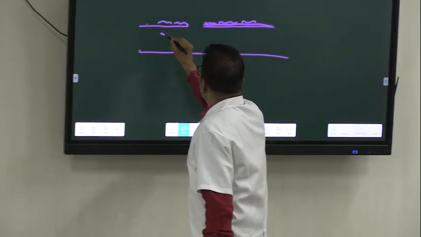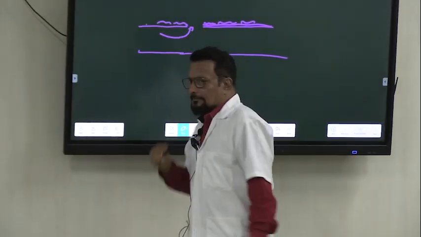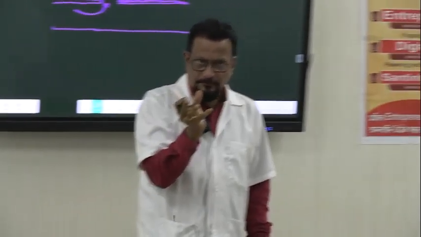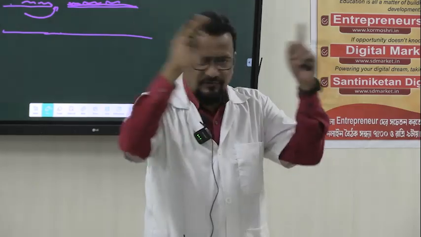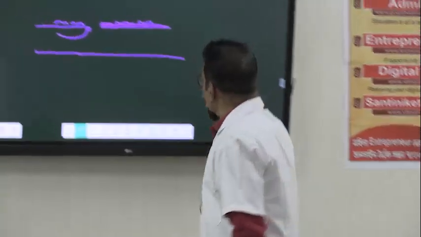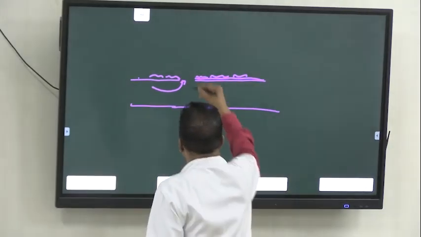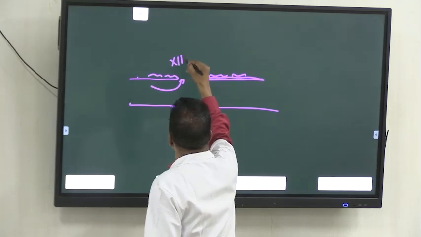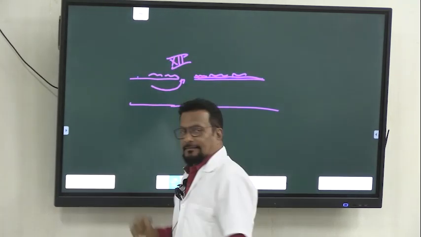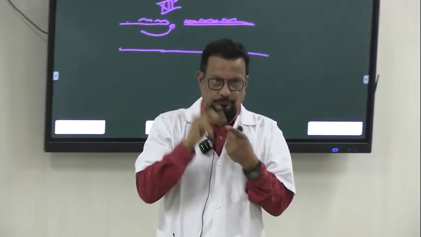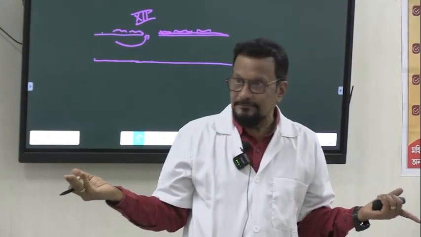So blood will try to come, and this blood has plasma, and that plasma will contain different factors. One of the factors is factor 12. When it comes in contact with the broken tissue, it becomes activated.